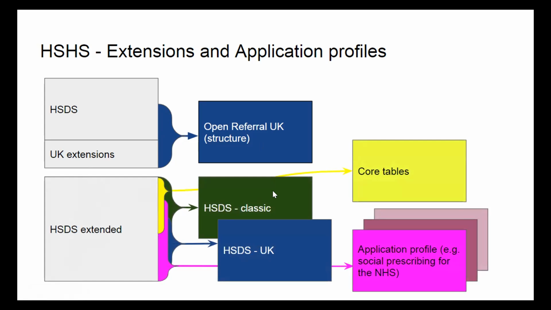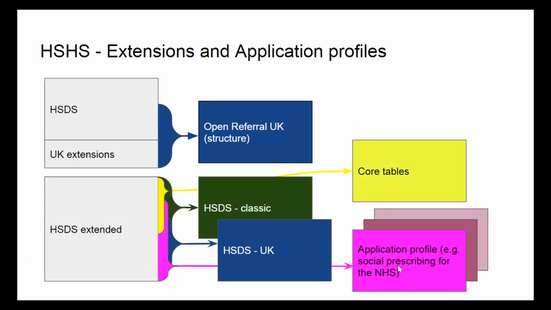So there's HSDS Classic, as Devon calls it, which is kind of your version 1 or your version 2 as it stands. We've got HSDS UK, which is the UK Open Referral, and they're country specific, but more properly in the long term, we don't care about the location, we care about the application.